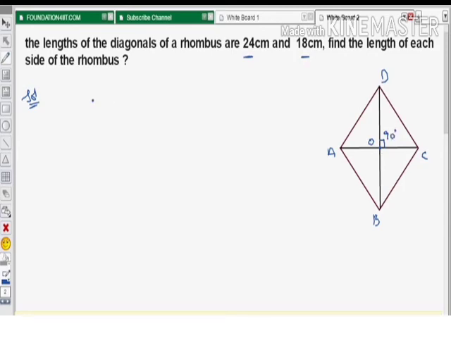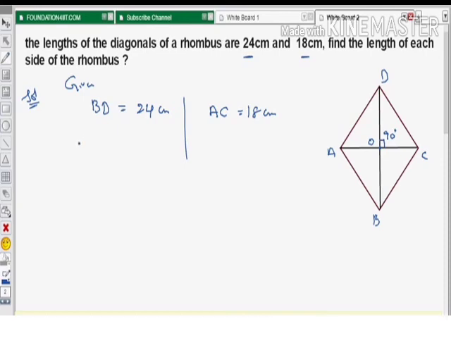In this question, BD is equal to 24 centimeters. This is given, and AC is equal to 18 centimeters. BD is nothing but BO plus OD.